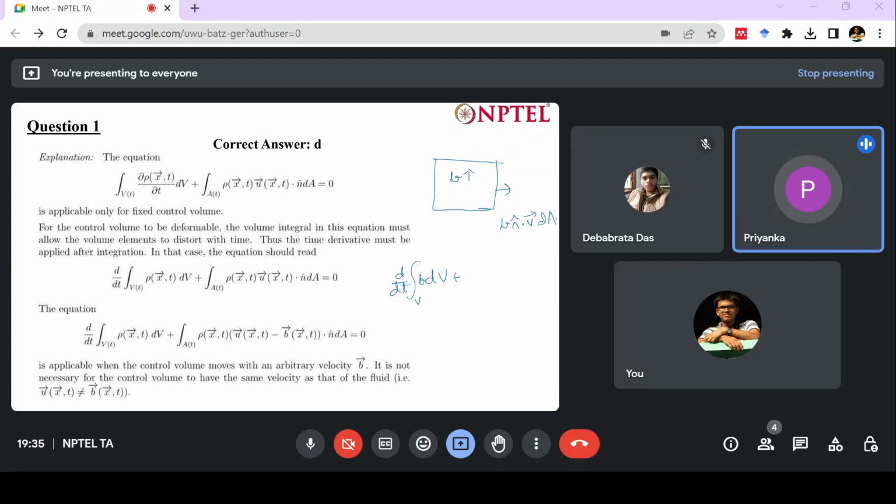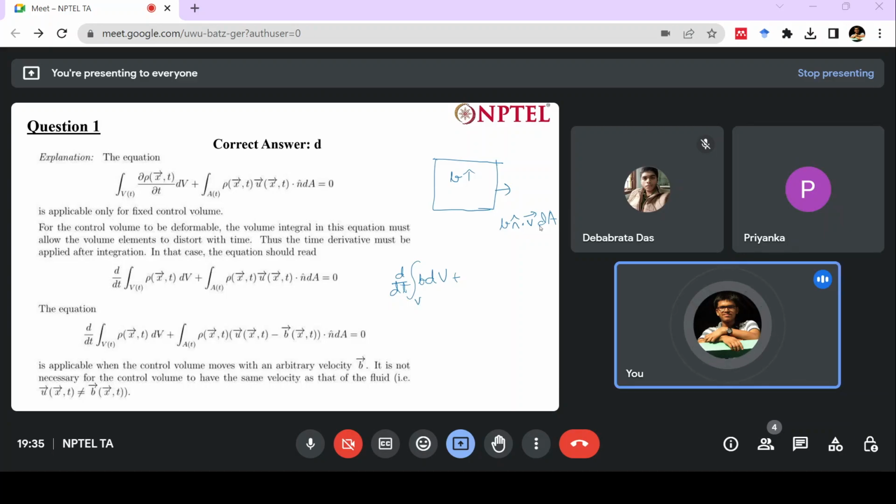But for solids, will there be flux, sir? Let's say when we are talking about solids, let's have a moving control volume. The solid is stationary, let the control volume move. Then definitely there will be some flux in or flux out. This is not a very practical example.